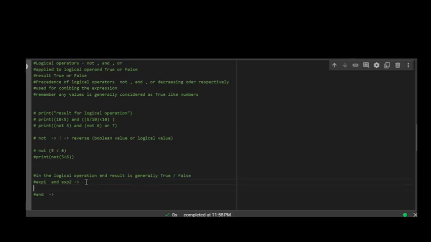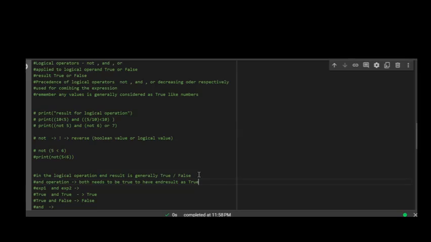I don't want to do this, but let's do it for the basics of understanding. True and true: if expression 1 and expression 2 give true, I'll have true in the end. True and false gives false. For the AND operation, both need to be true to have the AND result as true.